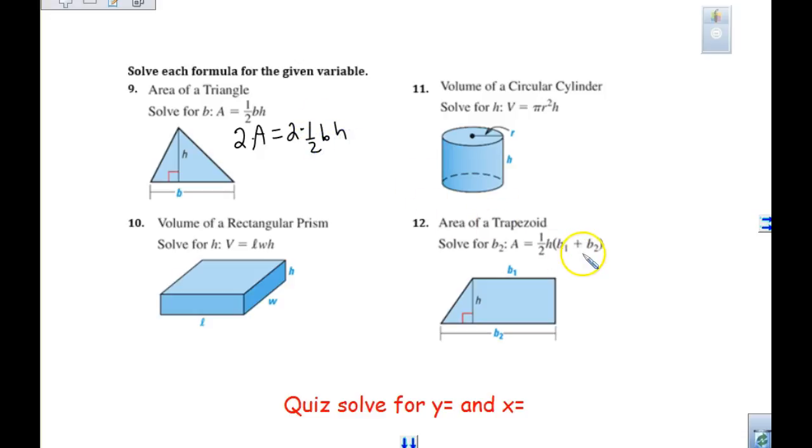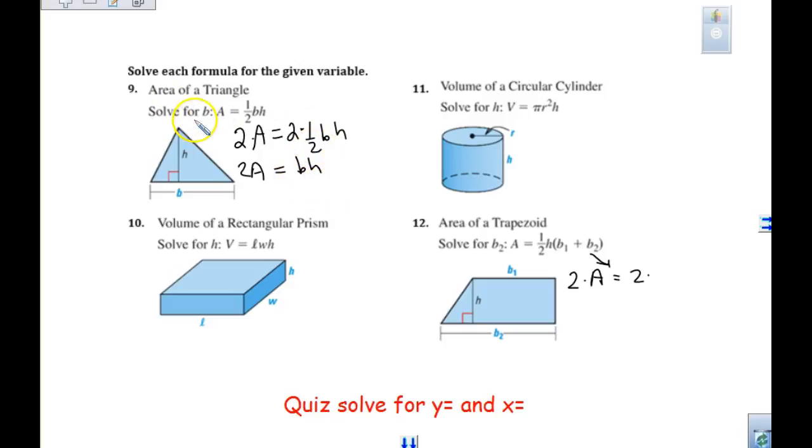My hint is when you start this problem, you start it the same way. You take 2 times the capital A equals 2 times, okay? Well, what happens when you take 2 times 1/2? It equals 1. So I have just BH on this side, right? Base times height. This canceled, that's 1.